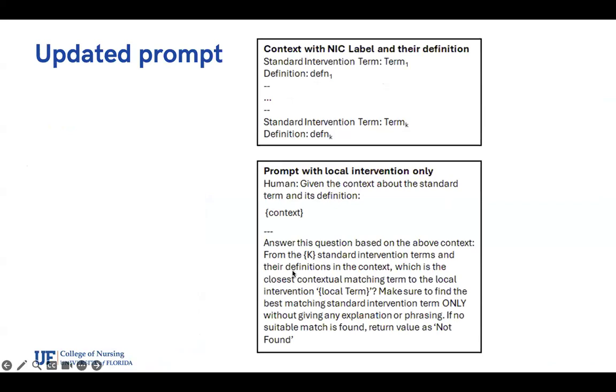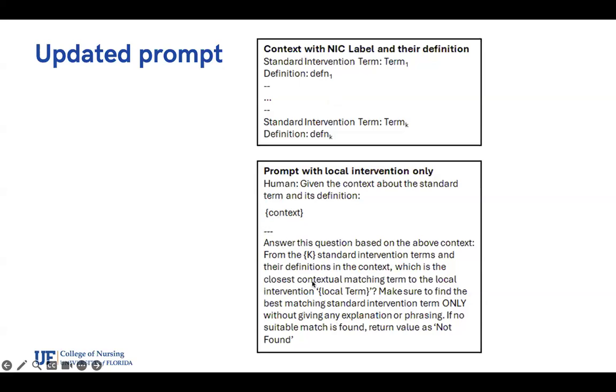We have the question here. When we're using the API with GPT, you have to give different roles to the prompt. So you have the human giving the context about the standardized term and its definition. This context here is brought through this embedding, which brings to us the 20 NIC labels and their definitions, or just the NIC labels.